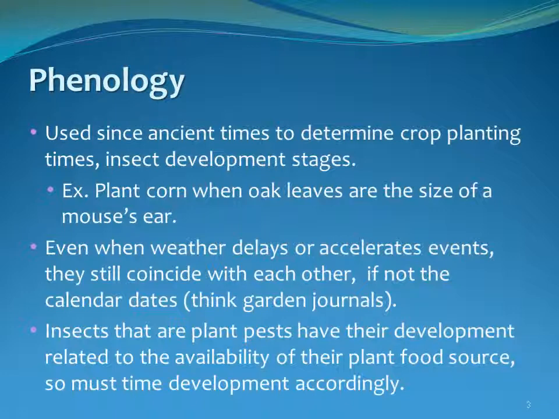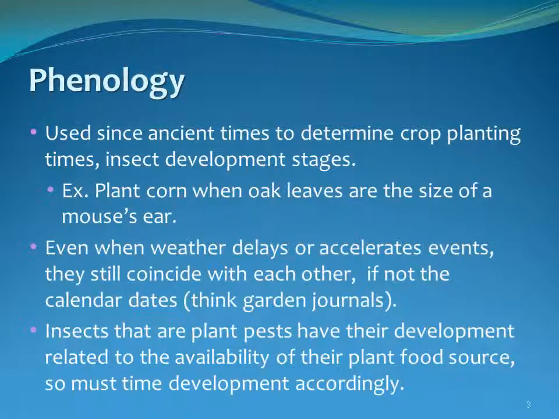Now, the oak leaves are going to develop based on when the temperature is right, and so you know that your corn, as long as it's linked to when the oak leaves are a particular size, that it's okay to plant. If I tried to give you a calendar date to do that, sometimes that can be a little difficult. So the idea of using phenology is that even when weather delays or accelerates events, they're still going to coincide with each other, if not the calendar dates.